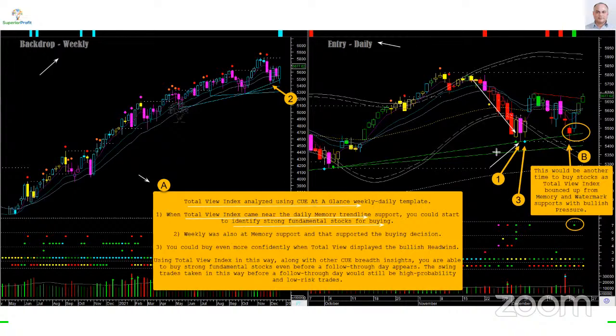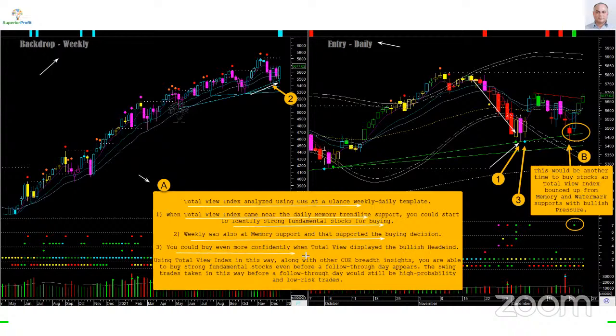If we did not have the trend line support on the total view, not on a particular index, we would not have enough confidence to buy. But we had a trend line support. Non-Q traders will not have this support. So we could start to buy. Weekly was also at memory support at the same time. So we had further reasons and further confidence to buy.